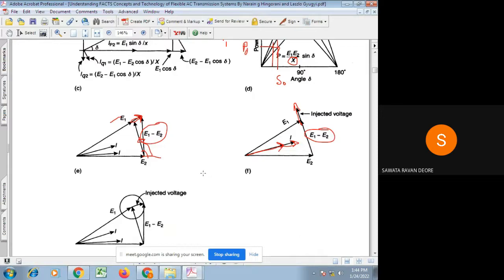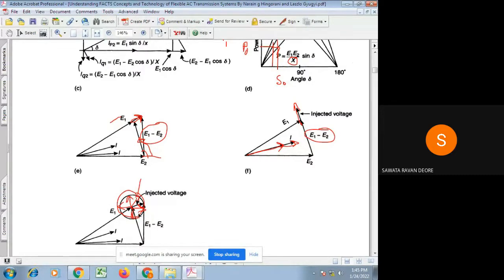Obviously, if we want to control both active and reactive power flow through the transmission line, that can be achieved by injecting the voltage in any phase relationship with the voltage drop across the transmission line.